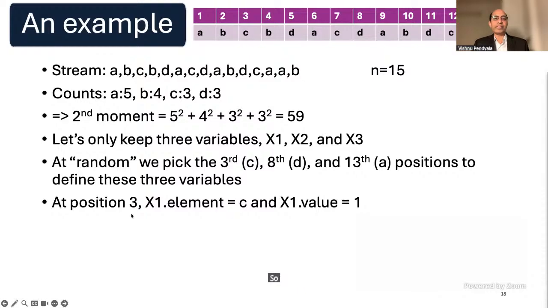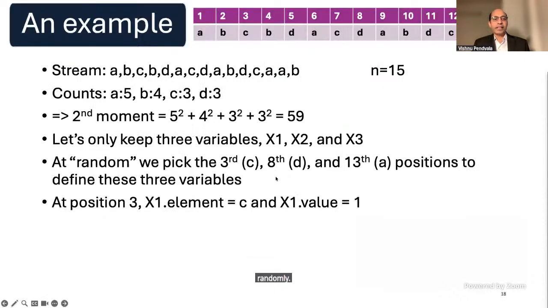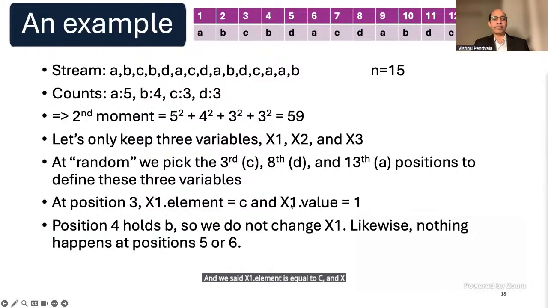So we start with position 3. Remember, the loop in the algorithm starts at tj plus 1, after the first item picked randomly. So we start at position 3, and we set x1 dot element equal to C and x1 dot value equal to 1. Now we go to position 4. It holds B. So we don't change x1.